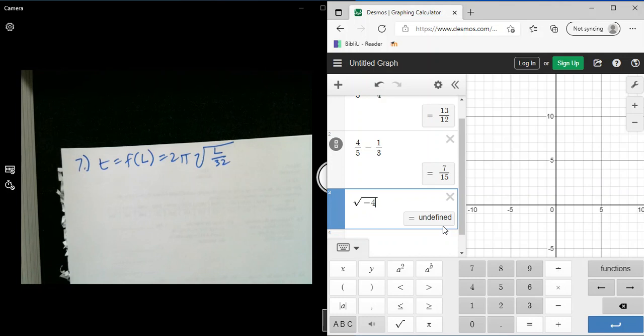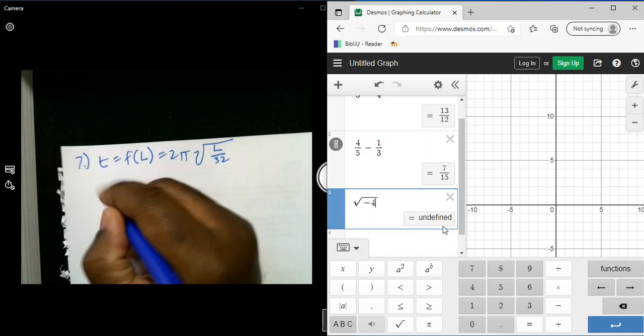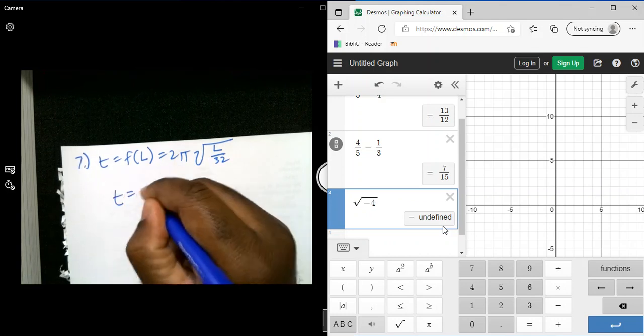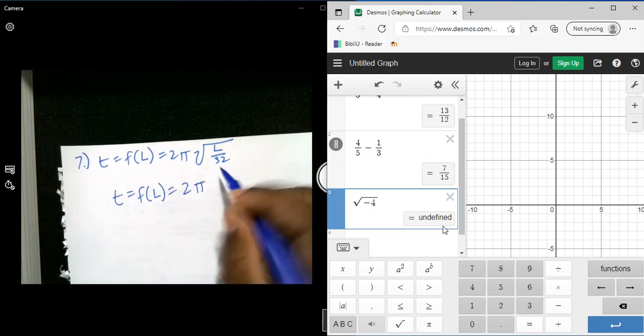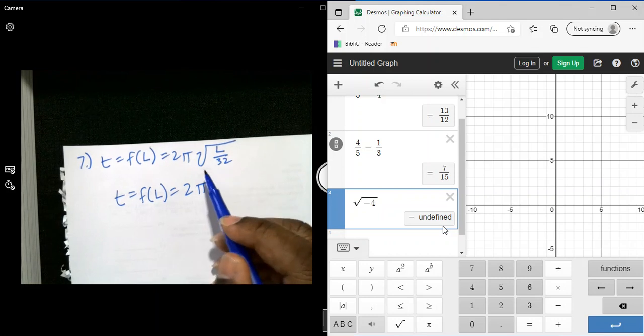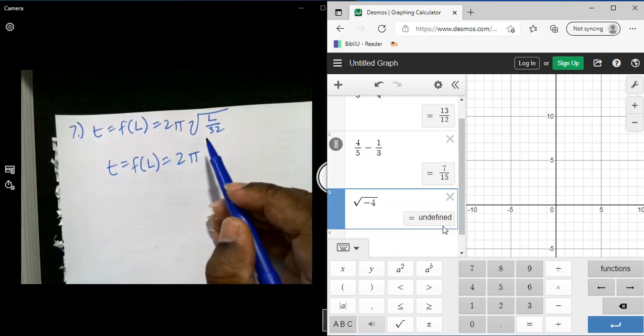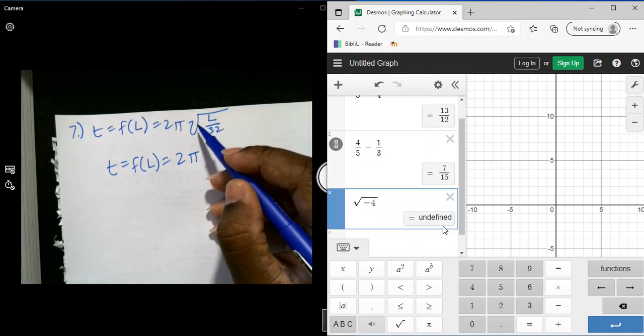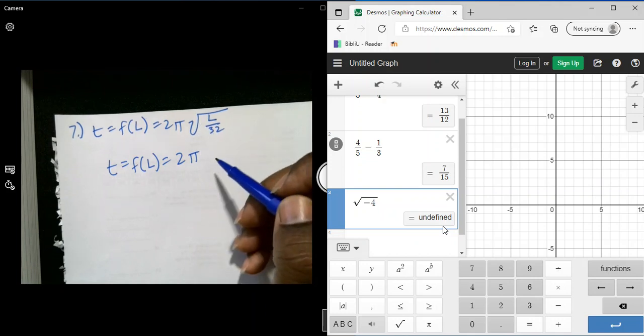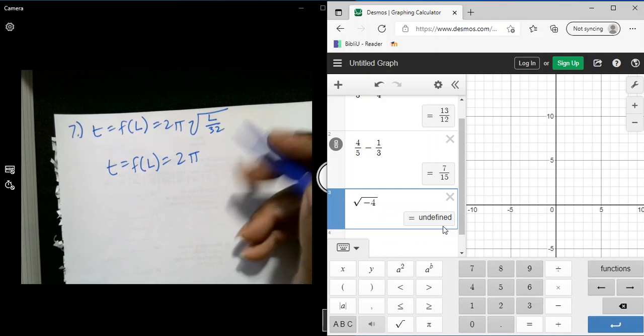Now A, it says rewrite the formula using fractional exponents. So we had T is equal to F of L is equal to 2 pi. If they want us to use fractional exponents, we got to get rid of this radical. Now, whenever you have a radical and there's no number showing in the index, it's assumed to be a 2. That's why it's called square root.